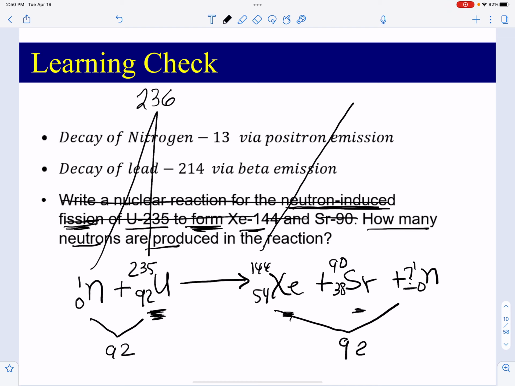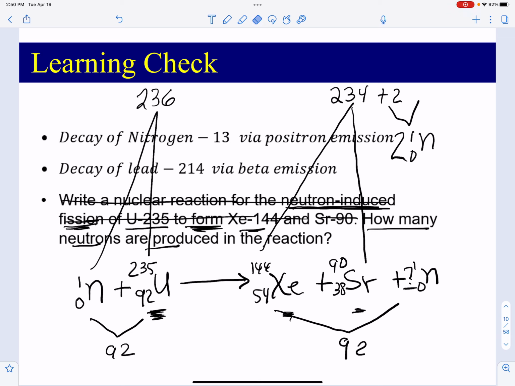And on the right side, we're going to have so far 144 plus 90, 234. So that means that I'm going to need 2 more to balance. And if I'm using neutrons, that means I'm going to need 2 of them.